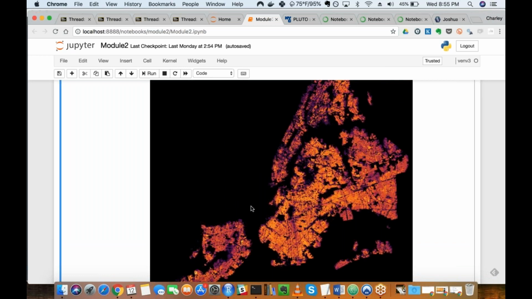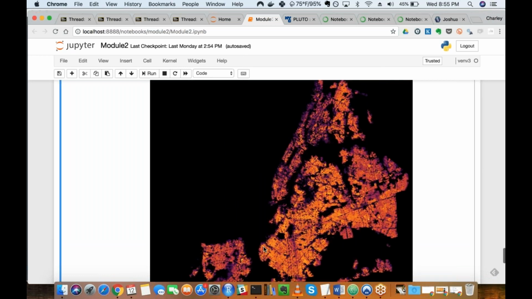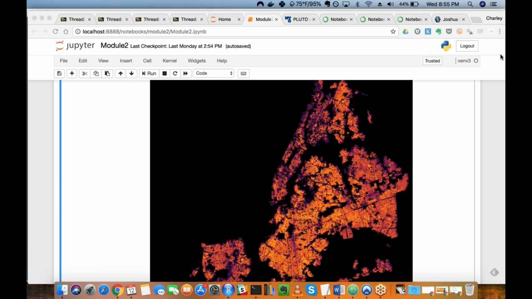If we wanted to plot something similar to this, and also shade our points by the value of the land, can anyone see a potential problem with asking Datashader to do that?